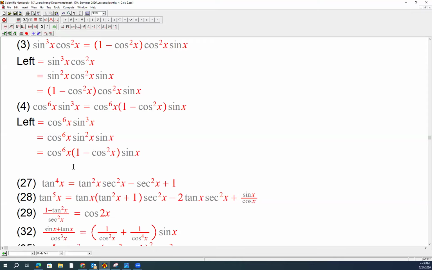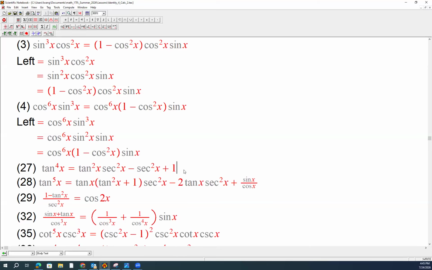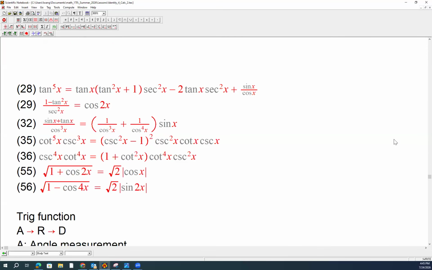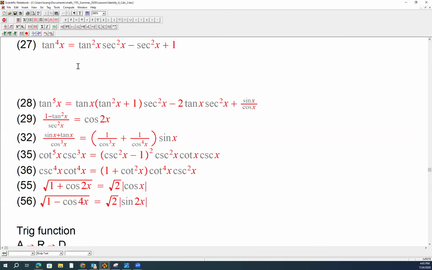Okay, you can see it's not that hard. They look intimidating, but these are the things you're going to need to do when you get into calculus 2. All right. On this one, left-hand side, we have a tangent to the power of 4.